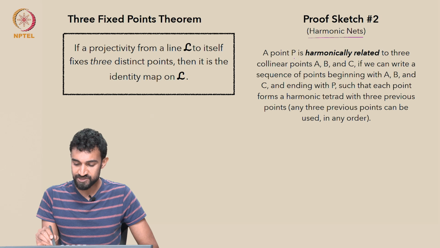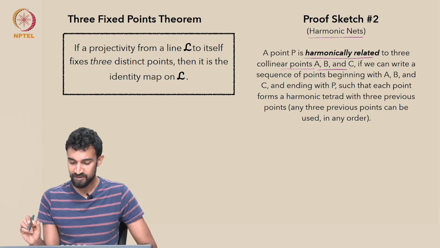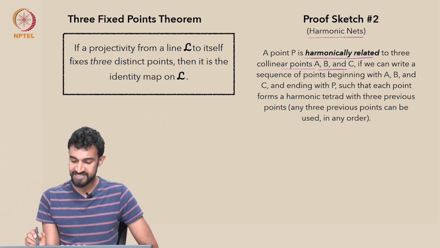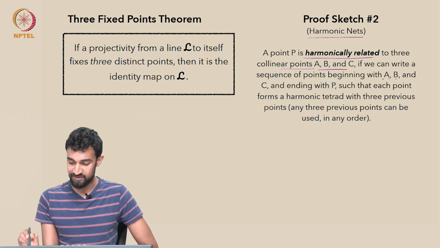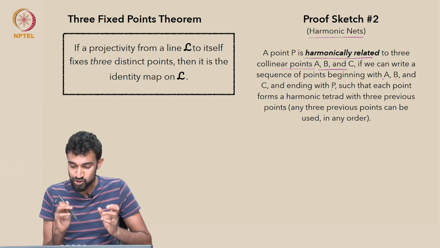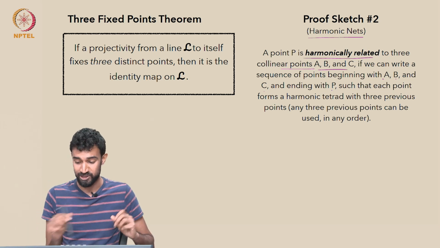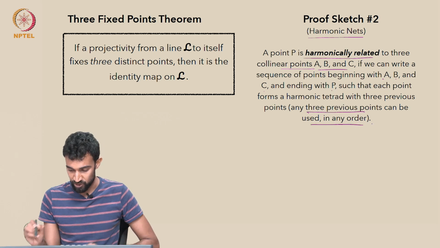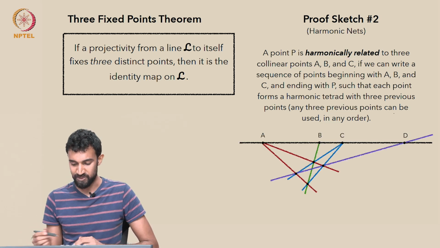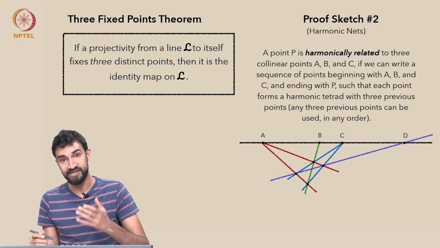So remember, we'll say that a point P is harmonically related to 3 collinear points, A, B, and C, if we can write a sequence of points beginning with A, B, and C, and ending with P, such that each point in the sequence forms a harmonic tetrad with some 3 previous points in the sequence. Any 3 can be used in any order. So remember, a harmonic tetrad is related by a diagram like this.